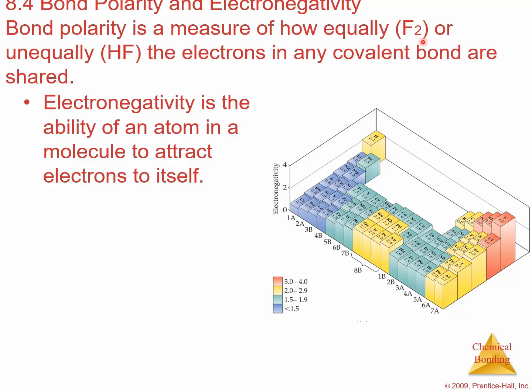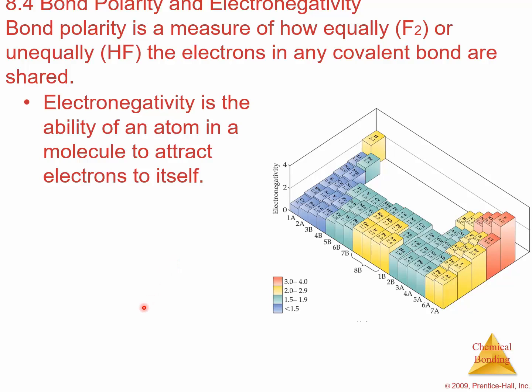In a polar covalent bond, one of the atoms exerts a greater attraction for the bonding electrons than the other. Electronegativity is defined as the ability of an atom in a molecule to attract electrons to itself. The greater the atom's electronegativity, the greater its ability to attract electrons to itself. It is related to the atom's ionization energy and electron affinity.